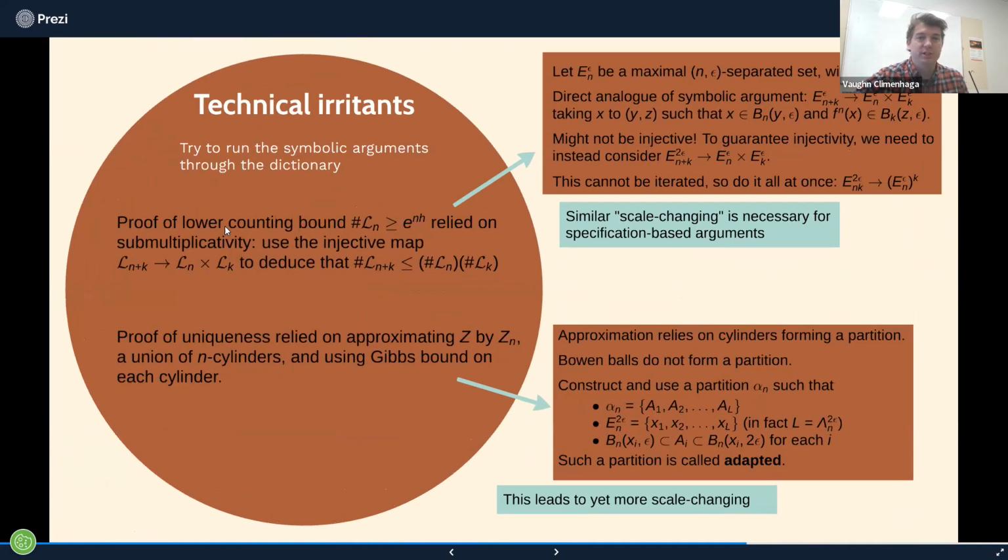So when you try to run this in the non-symbolic setting, a lot of stuff happens that forces you to work at different scales. Sometimes we're working at scale epsilon, sometimes it's 2 epsilon, sometimes it's 6 epsilon.